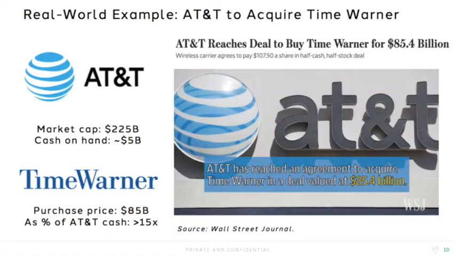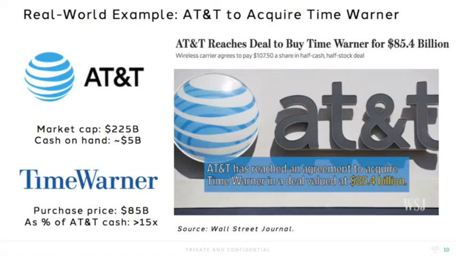An example of this was the deal AT&T reached to acquire Time Warner. So this was a massive deal. AT&T, a big telecom company, agreed to buy Time Warner, a big entertainment company, for $85 billion. And very big deal.